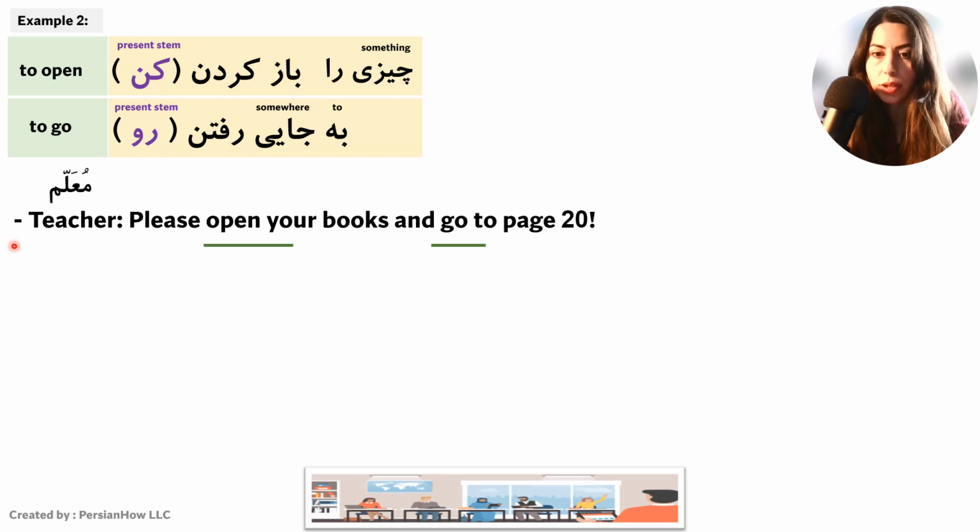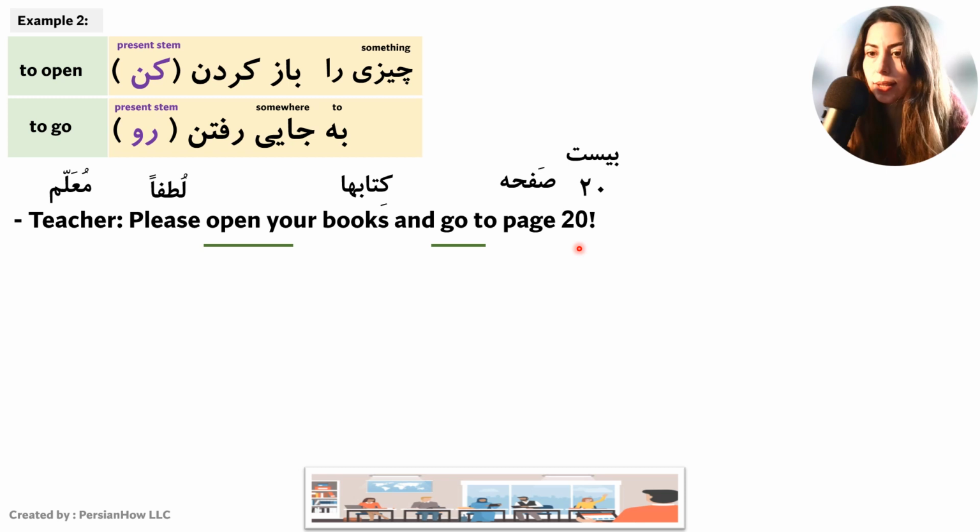Let's go over the other vocab. Again, teacher is معلم. Please is لطفاً. Books, کتاب ها. Remember, the suffix ha can be either attached to the noun or it can be written separately. There's really no rule for that. It's just a matter of preference. And then page is صفحه. And then number 20 is بیست.